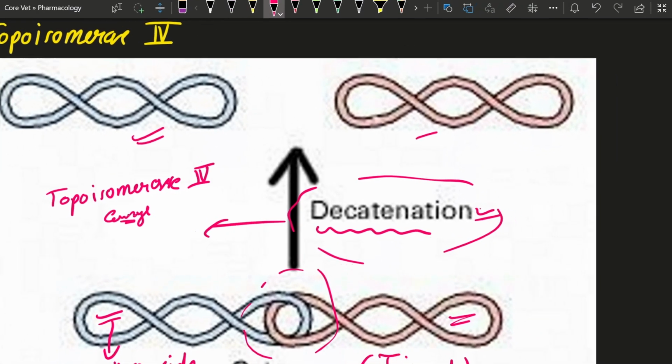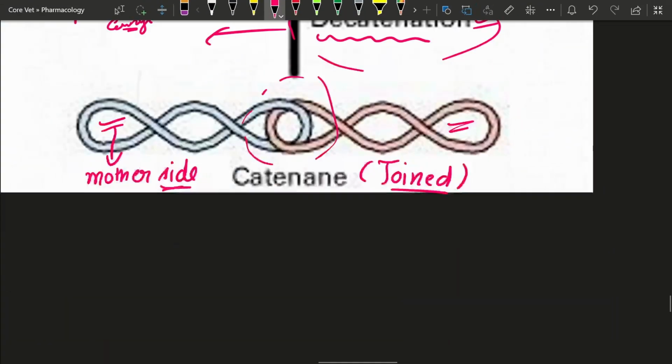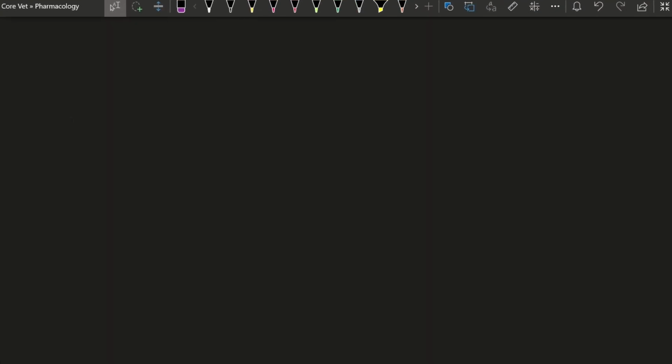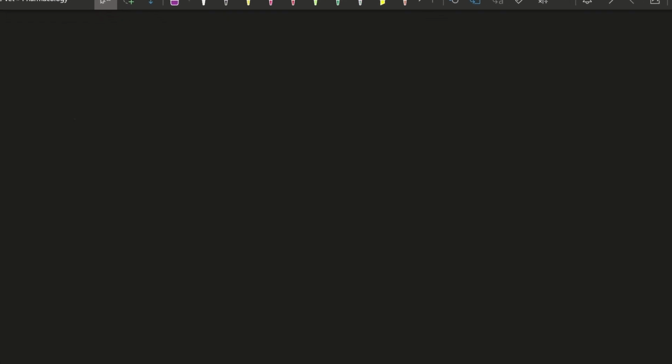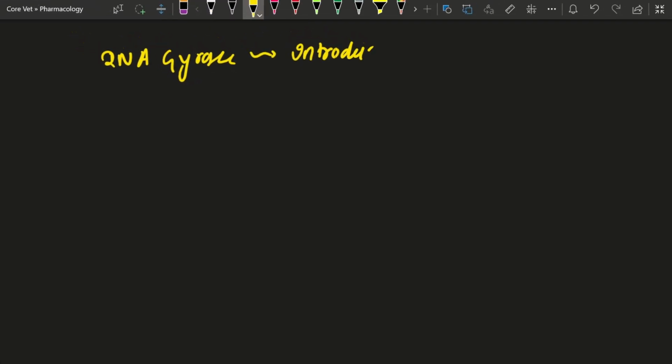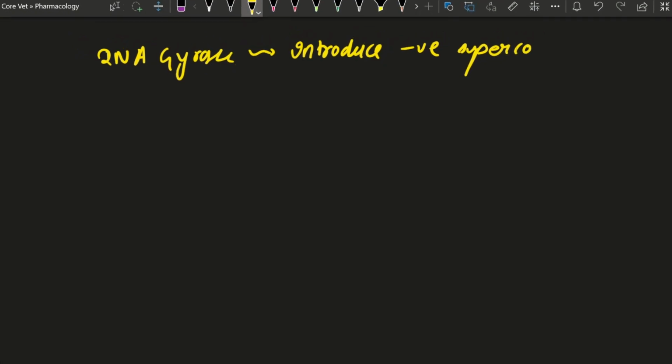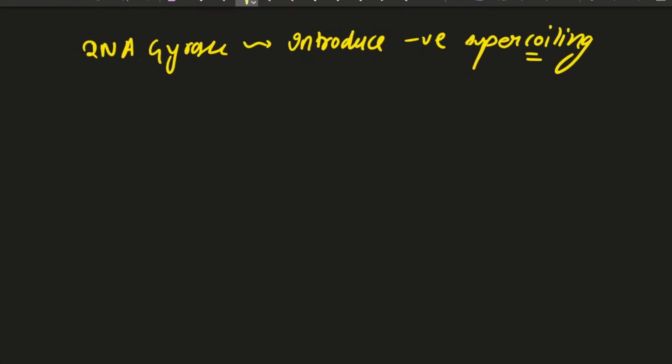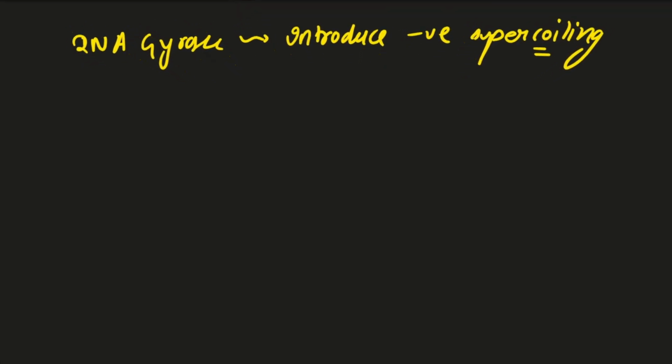Now I hope that you are much clearer with the action of the DNA gyrase and the topoisomerase 4. Now, how is the mode of action of the fluoroquinolones and the quinolones made? First of all, we are clear that the DNA gyrase is going to introduce negative supercoiling.